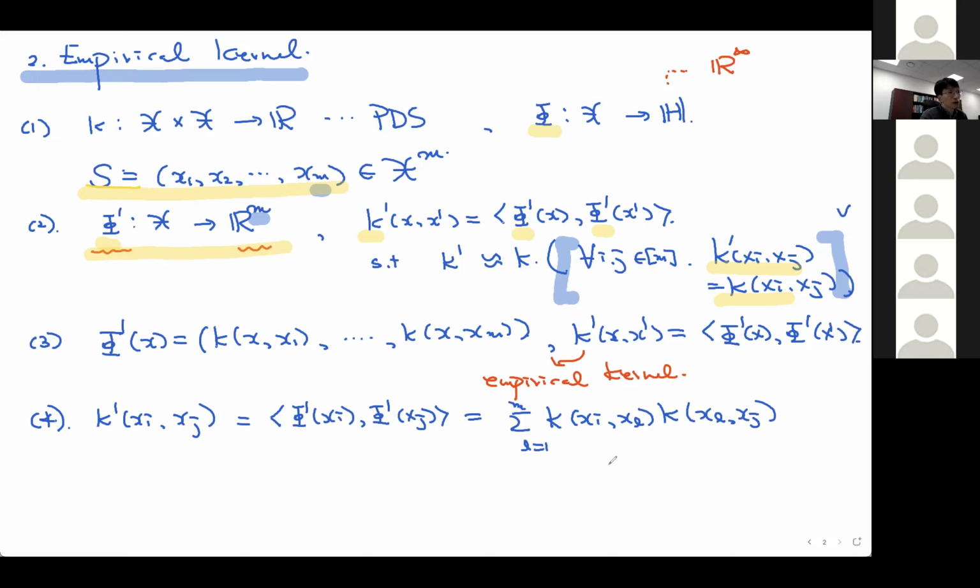Now let's try to have some nice form that tells us what's going on. Let's define the so-called kernel matrix.